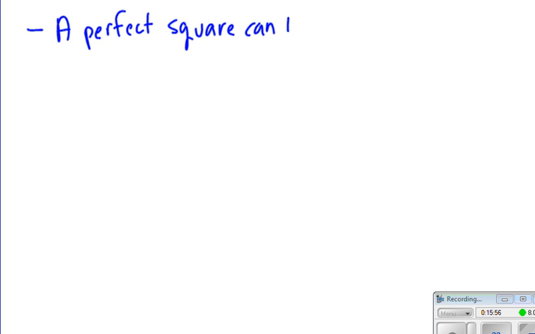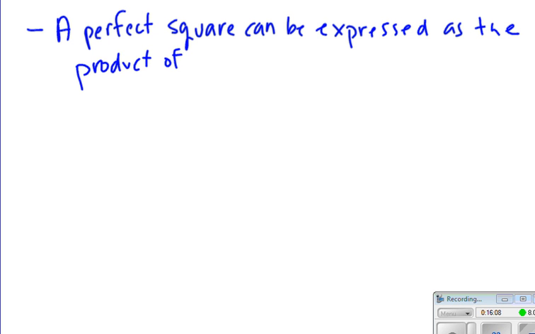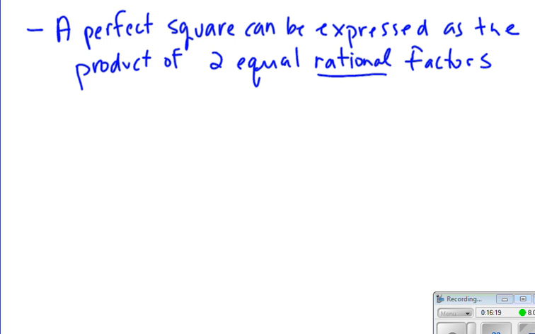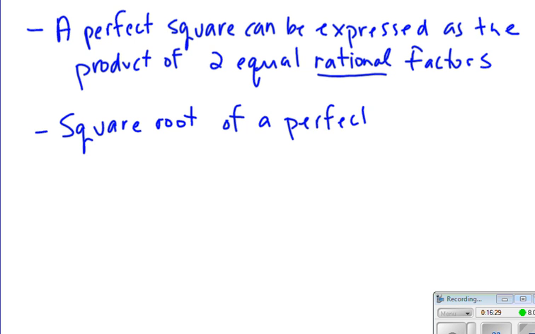can be expressed as the product of two equal rational factors. The square root of a perfect square is exact.